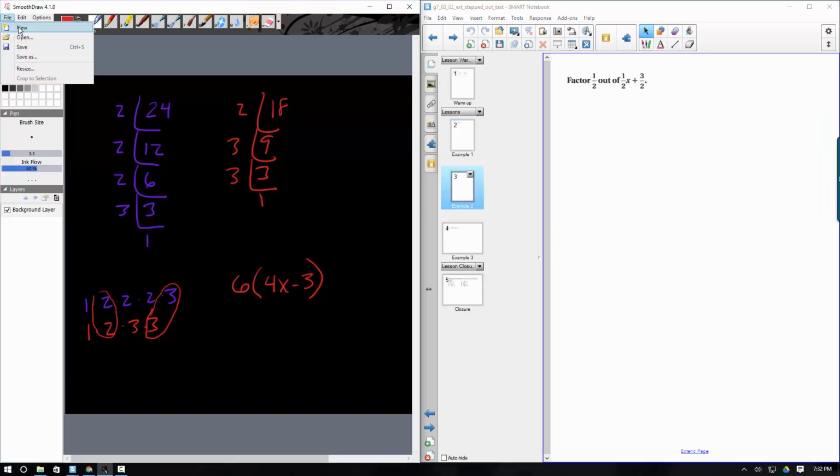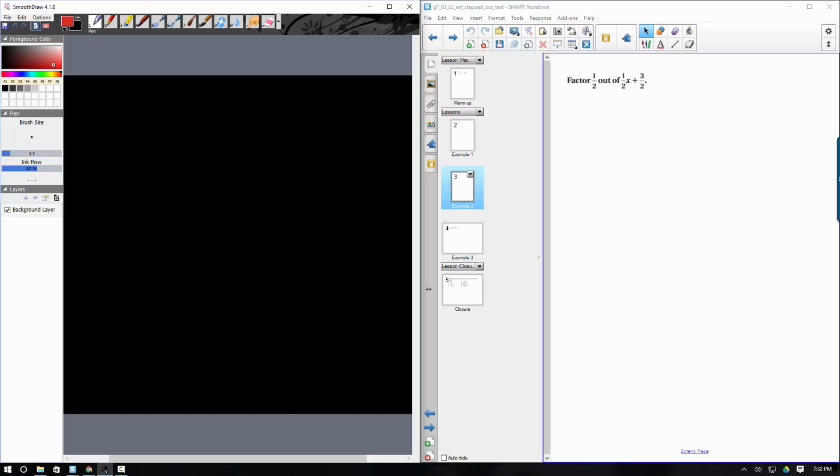Next, we're going to factor 1/2 out of this. So I'm first going to take 1/2. And basically all that you do is you think of each one of these terms, and 1/2 divided by 1/2 is 1. So I have 1x plus, if I take 1/2 out of 3/2, I will have 3 left over, right?